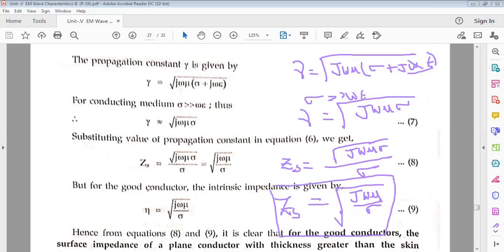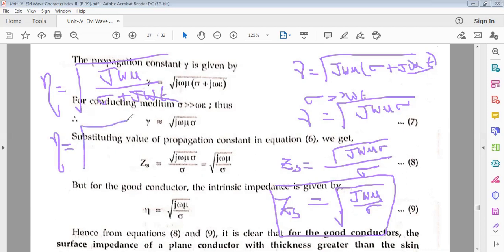Okay. And for a good conductor, the intrinsic impedance is given by the same. What is a good conductor? Eta is equal to, the formula we have, the square root of j omega mu by sigma plus j omega epsilon. See, the conductivity is more compared to the dielectric, meaning we are eliminating the j omega epsilon. The eta is equal to the square root of j omega mu by sigma, equation 9. Means now the intrinsic impedance and the surface impedance both are equal here.